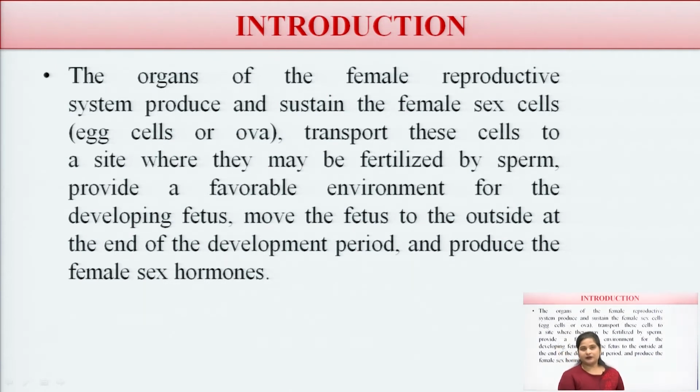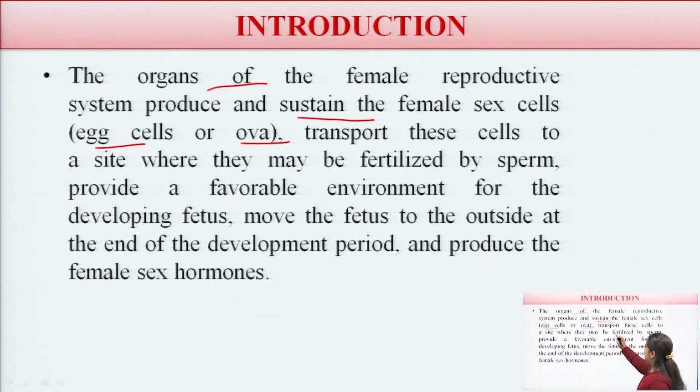The function of the female reproductive system is to produce and sustain the female sex cells, that is the egg or the ova, and to transport the egg cell to the site where it may be fertilized by the sperm.